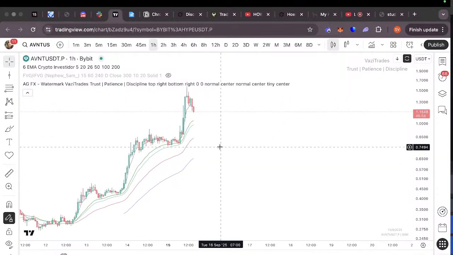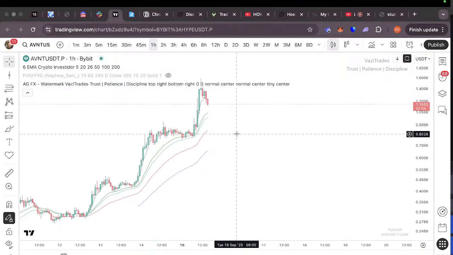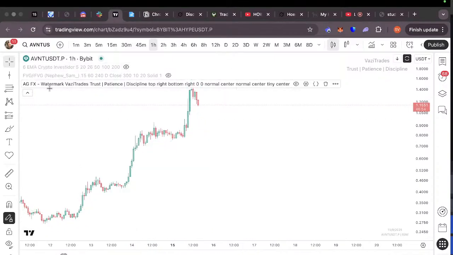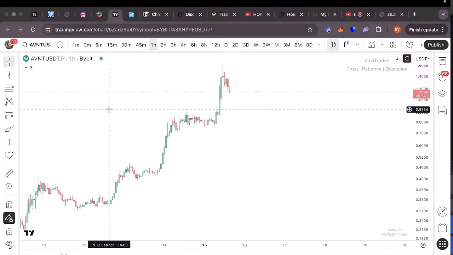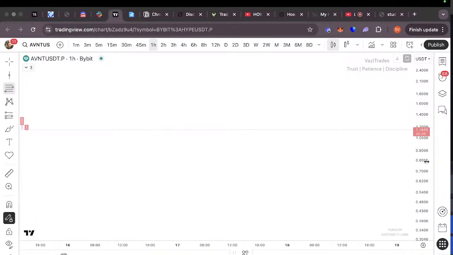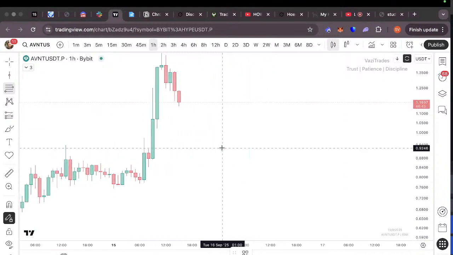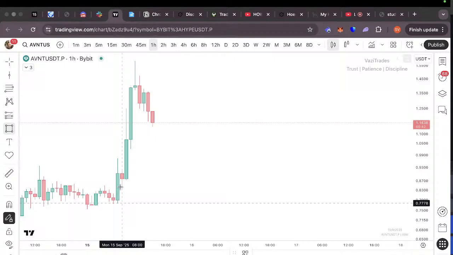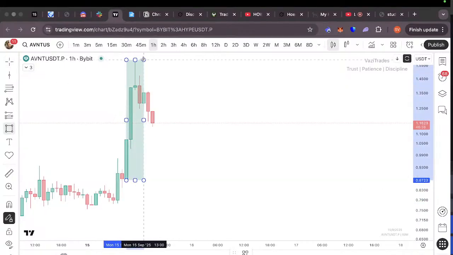Like you don't have to overcomplicate the technical analysis. Or you can also use Fibonacci. You take this bullish move, but here the interesting thing is we have this candle and we have also this move.